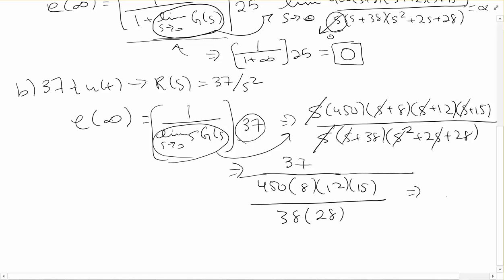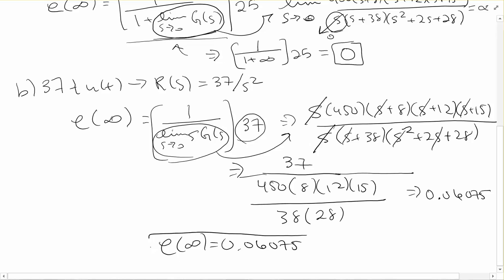Do the math, and you get 0.06075. So that's your steady state error using that ramp input. So this one basically would have a constant error as time is increasing. With the step input you would have 0 error. Now let's see what happens with the parabolic input.